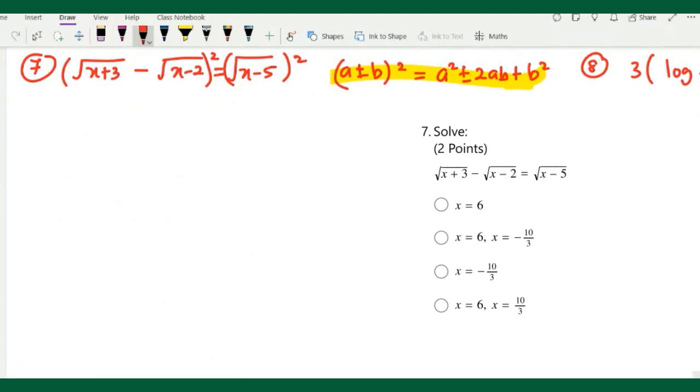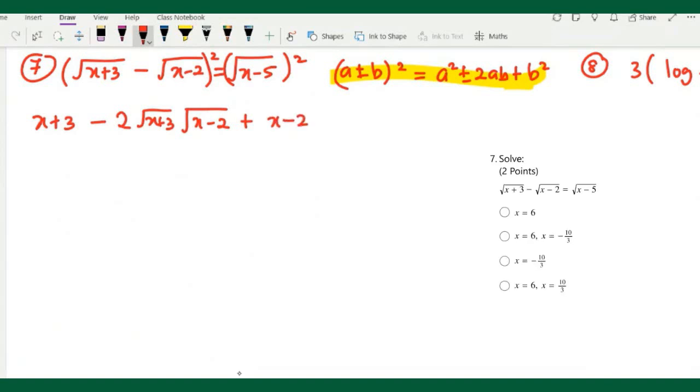So expand, okay, surd x squared, you end up having x plus 3, and then this, since it is minus, it will be minus 2a. a is surd x plus 3, b is surd x minus 2, plus surd x minus 2 squared, that will be x minus 2.